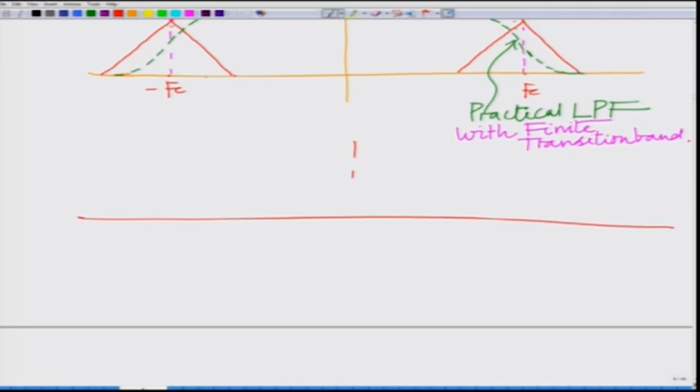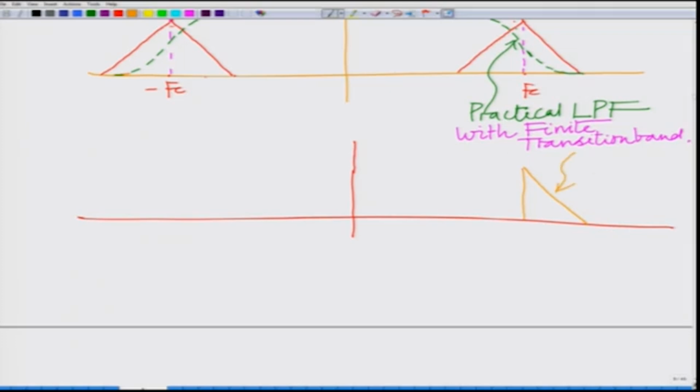Naturally, if you employ this for low pass filtering, what you are going to end up with is not exactly a lower sideband signal. Whereas this was your ideal LPF, your ideal LSB characteristic with an ideal LPF might have looked something like this.